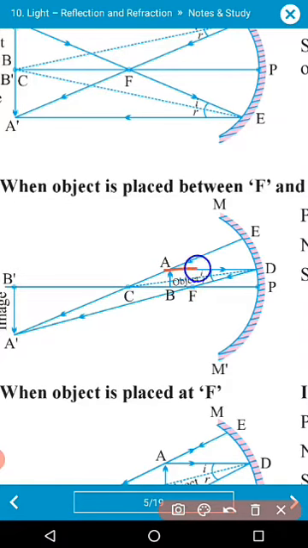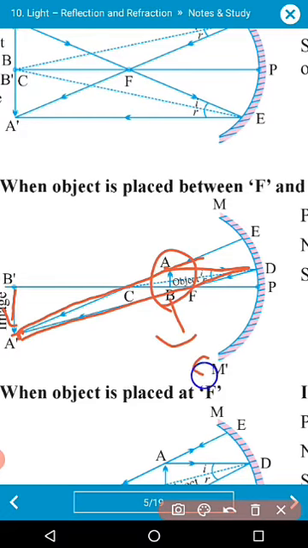See, so the first ray passes through the principal focus only, and the second ray from the object passes through the center of curvature. So here the intersection point will be there. Okay, so here the image is formed. Now see, here the object size is small and the image size is large. So in this case what happened?